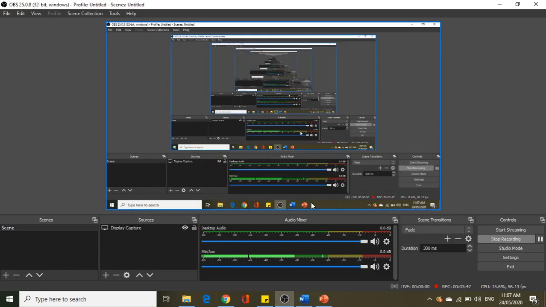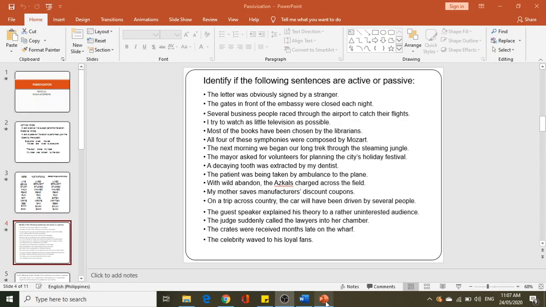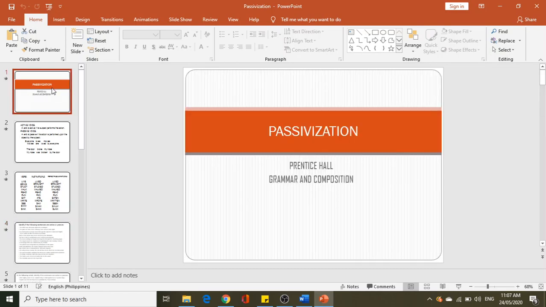But as regards the grammar, I did mention using the present tense. But please make sure that you use the present tense in the form of the passive voice. And that's what's going to take us time. So we have to talk about passivization first.